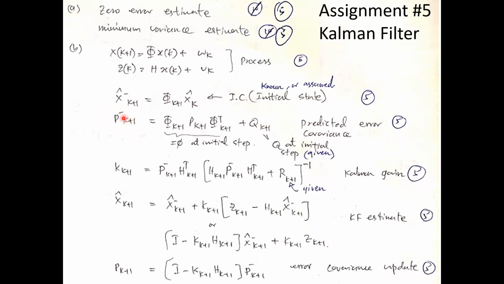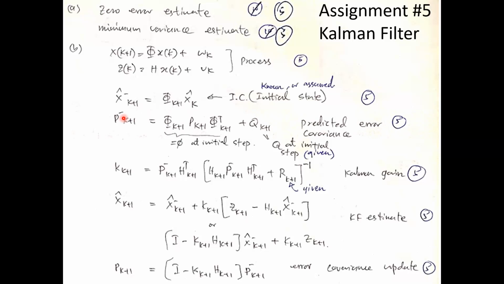Second step is P minus k+1. Now you are doing an estimation process; you are the estimator now. You are saying this is the most accurate value, and also that it's not perfectly accurate. There is some variance in that prediction. It's moving back and forth, and there's a spread in that estimation.